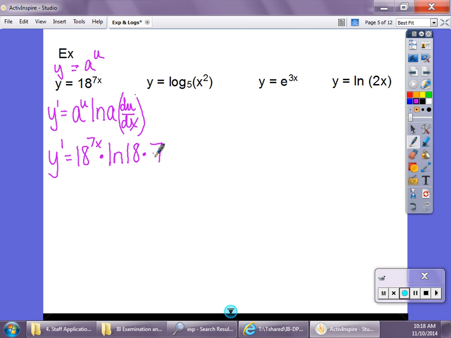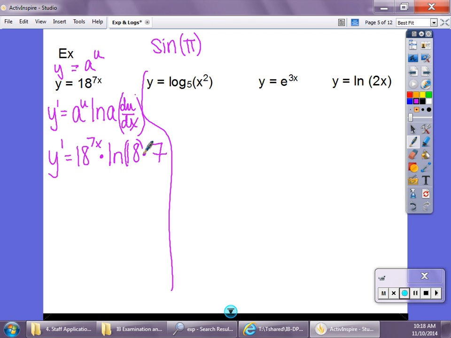Now let's discuss what things can go together and what can't. First of all, look at the natural log of 18. Those two are always stuck together, just like sine of pi. Can you separate these? No, they are together. You are always taking the sine of something, and just like this, you're always taking the natural log of 18.